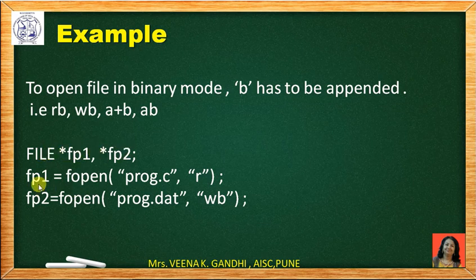Then fp1 equal to fopen with the file name, suppose program.c, and the mode in which we want to open the file, read mode or write mode. You can specify the mode here. The second example, fopen program.dat wb, means open the file program.dat in binary mode for writing purposes. It returns the file pointer and stores it in fp2.